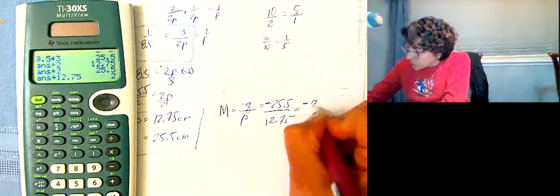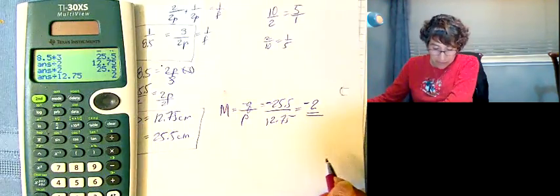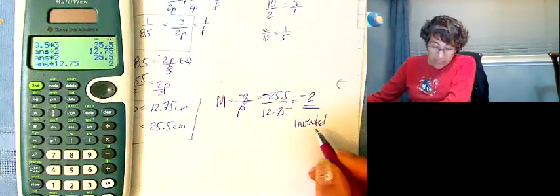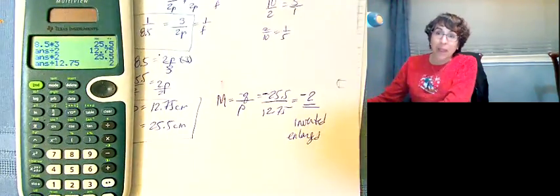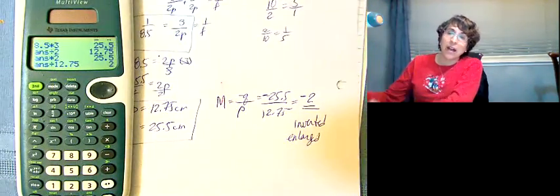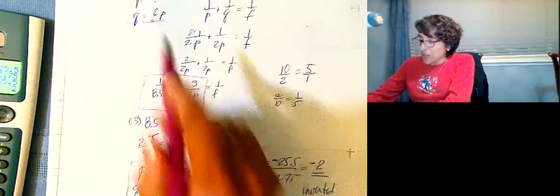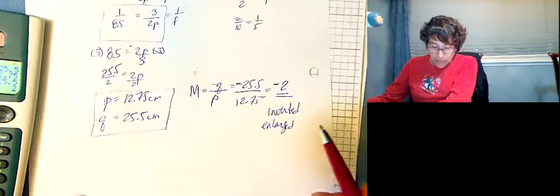So negative 2. So I know that it's going to be inverted. And I also know that it's enlarged, double the size. Now I want you to look at that sheet that I summarized, the convex and the concave, and where your position is relative to your focal length tells you if it's real.